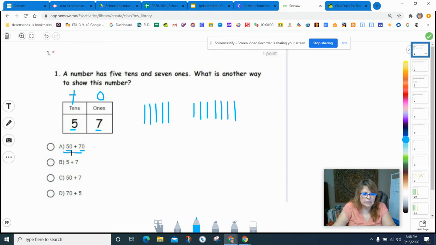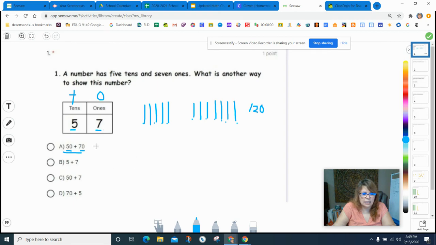Now I'm gonna see if that's gonna equal 57. 10, 20, 30, 40, 50, 60, 70, 80, 90, 100, 110, 120. This is 120. Now, I don't want 120, I want 57.